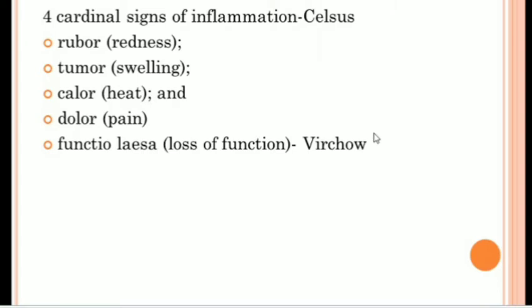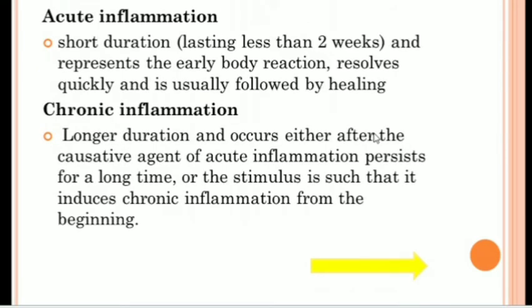Later on, a 5th sign called functio laesa, that is loss of function, was added by Virchow. Now the word inflammation means burning. So this nomenclature had its origin in the old times, but now we know that burning is only a sign of inflammation. Now coming to the types of inflammation, we have 2 types.